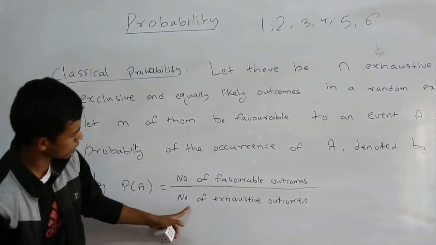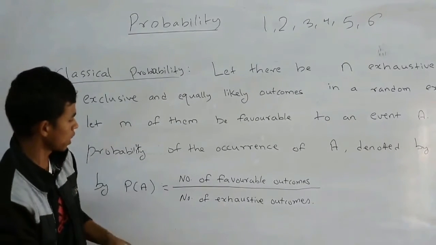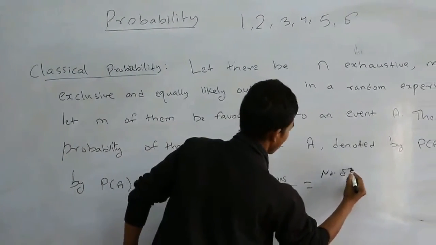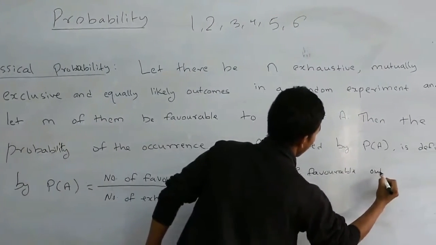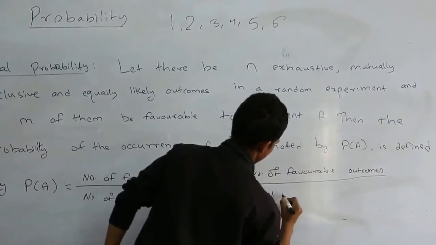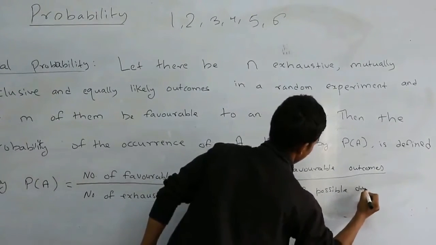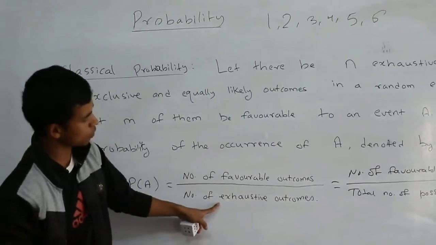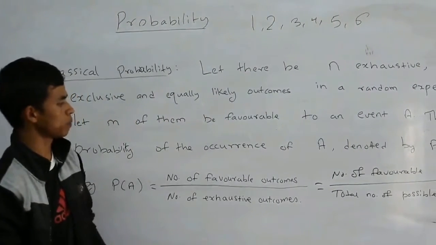Because exhaustive means the total number of all possible outcomes, we can also write the number of exhaustive outcomes as the total number of possible outcomes, because they mean the same.